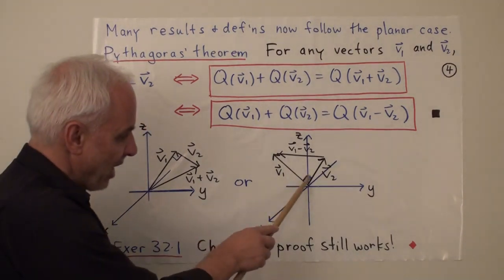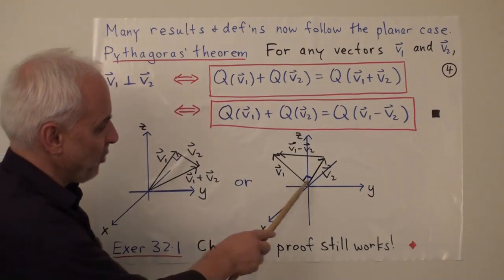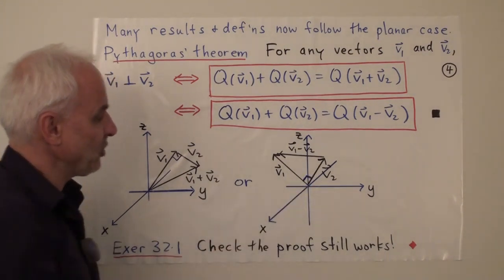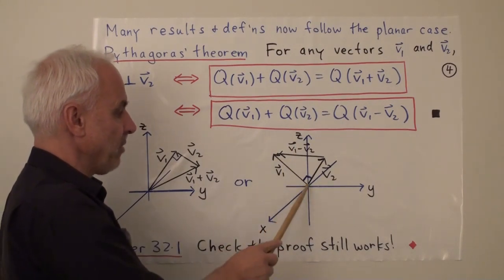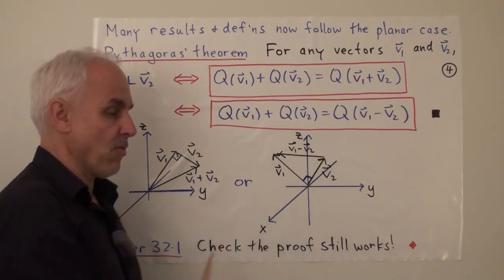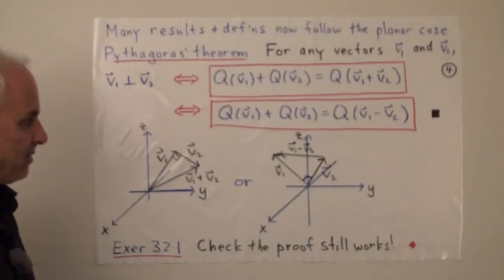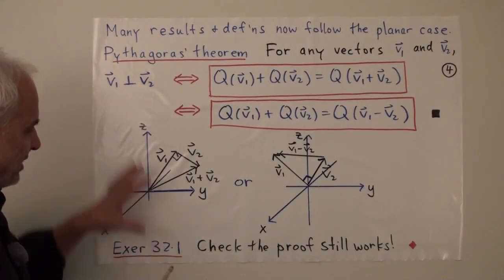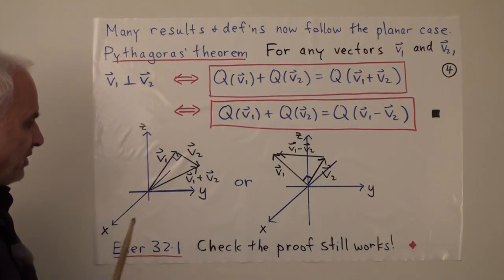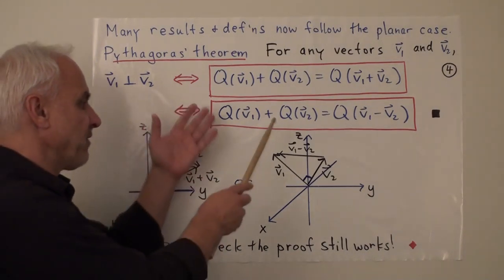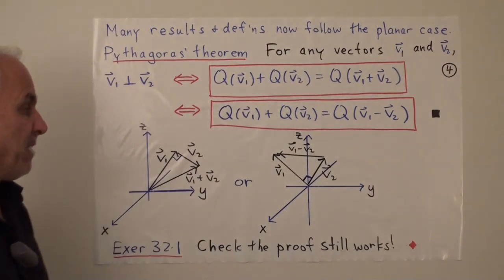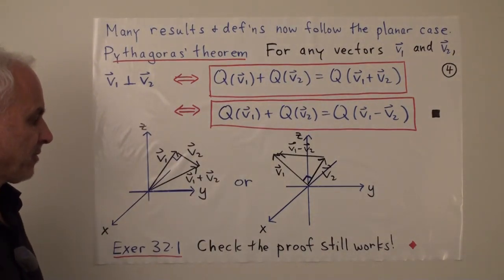And now the right aspect, the perpendicularity between v1 and v2, is manifest in terms of this equation, that the quadrants of v1 plus the quadrants of v2 equals the quadrants of v1 minus v2. So they're just slightly different diagrams the way they're situated. So maybe you could say different interpretations of the meaning of these formulas.